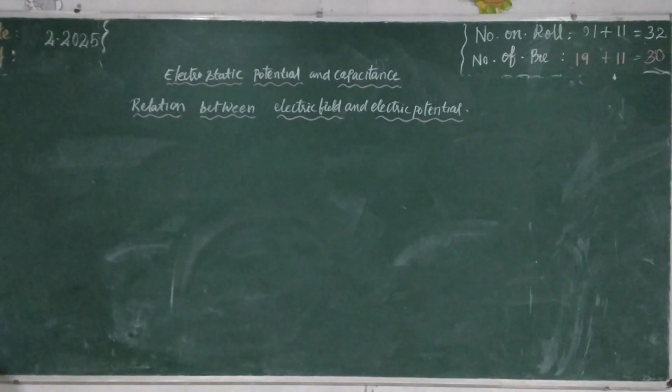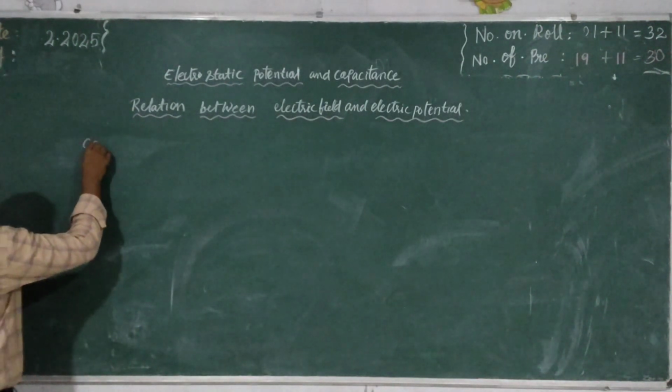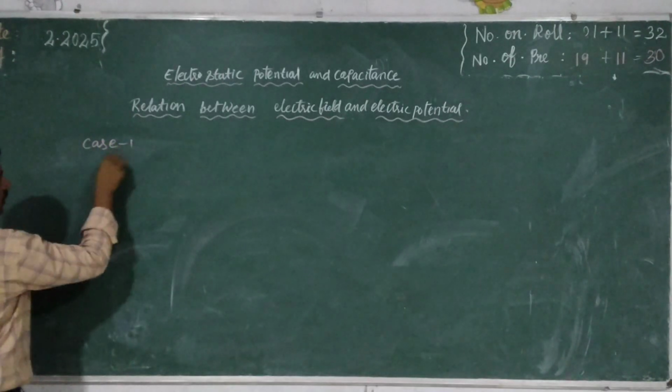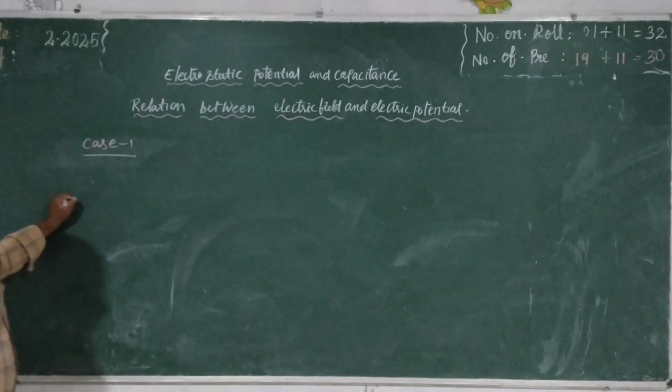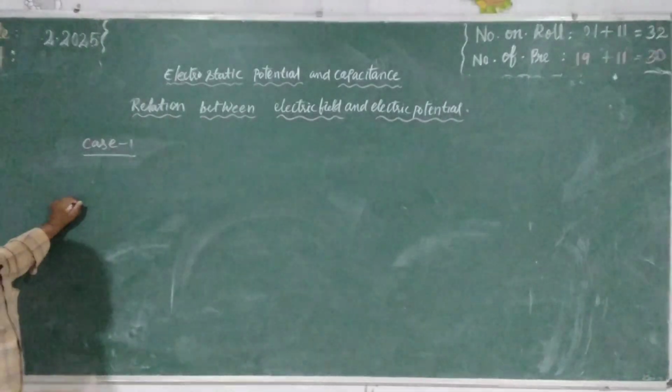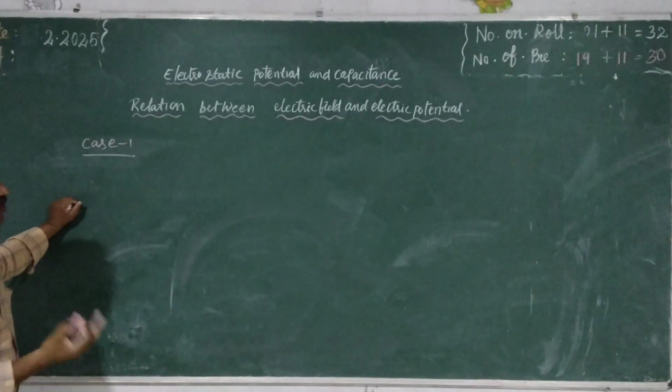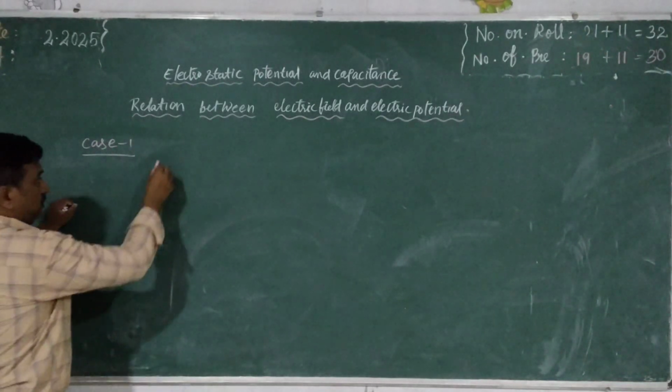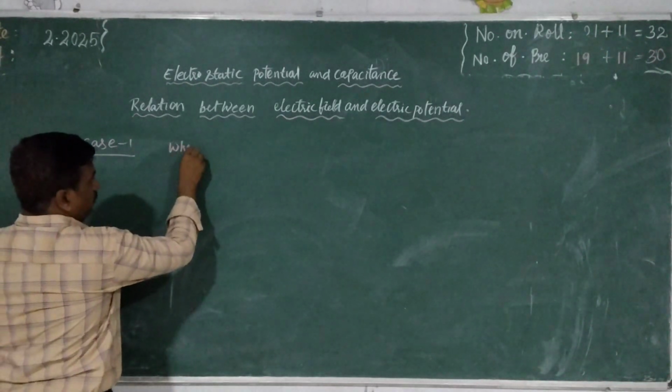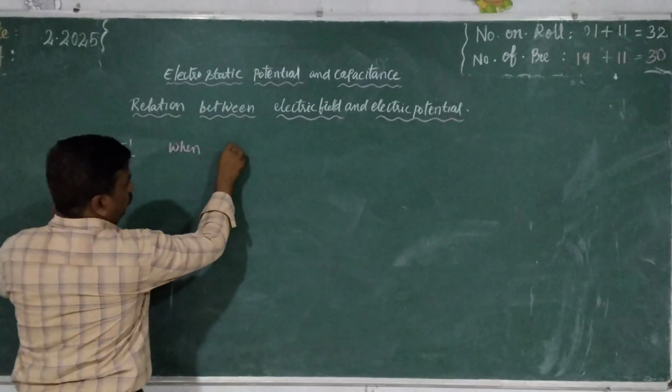See, for that we have two cases. First one, case 1. Here we discuss when the electric field is uniform, what is the relation between electric field and electric potential? Means when E is uniform.